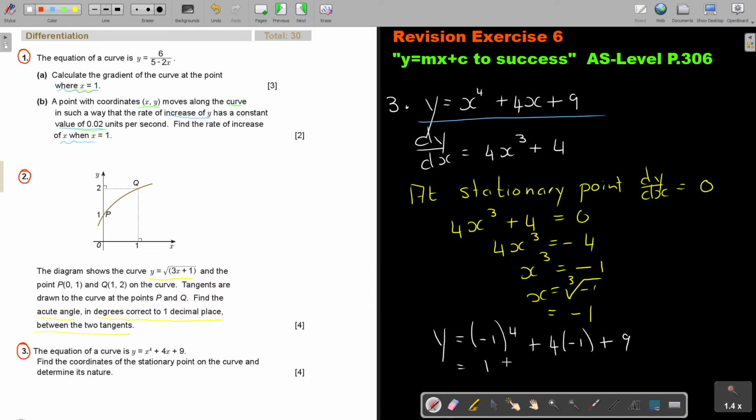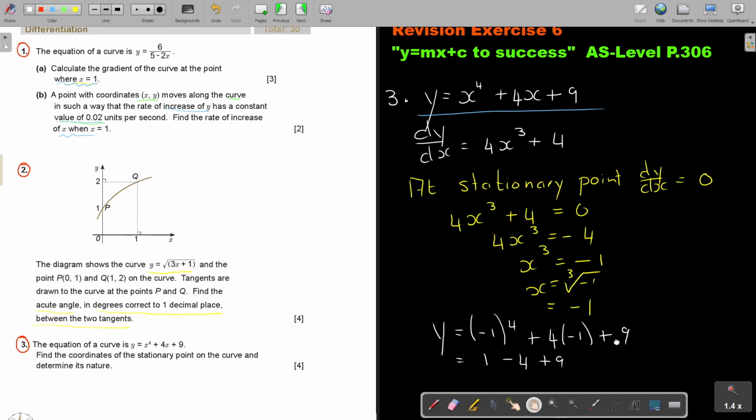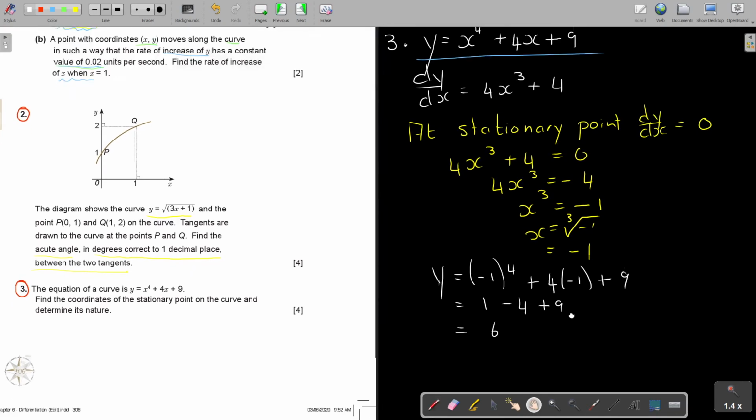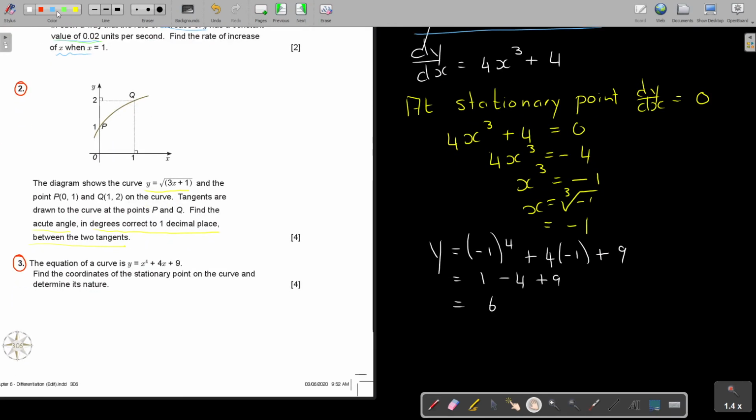And that's going to be 1 minus 4 plus 9. And if I move it up, that's going to be 10 minus 4, and that's 6. So therefore the stationary point is negative 1 and 6. But now I'm not finished.